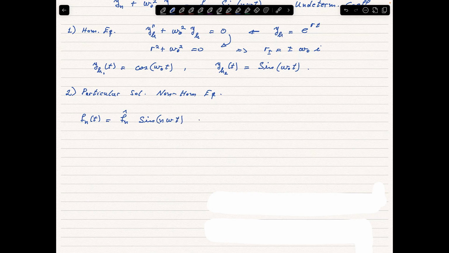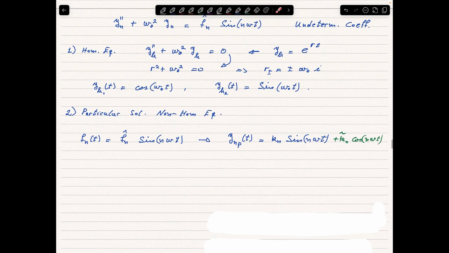So we know that in this case we need to guess a particular solution, which is going to be a combination of sines and cosines. It's going to be a combination of a constant kn times sine of n omega t, and then, in a different color, some other constant k tilde n with the cosine of n omega t.